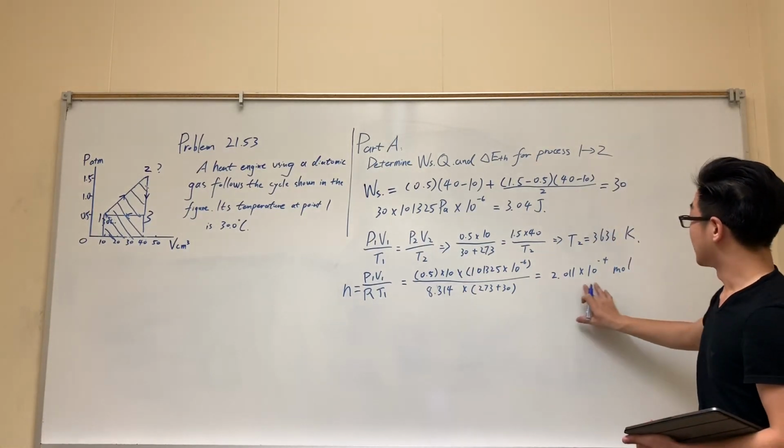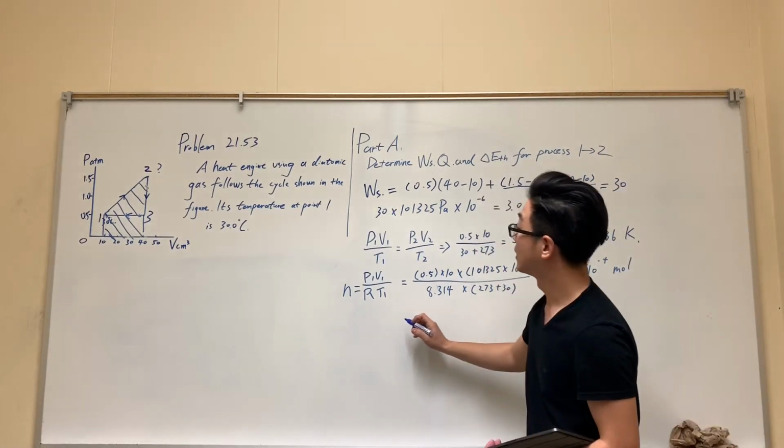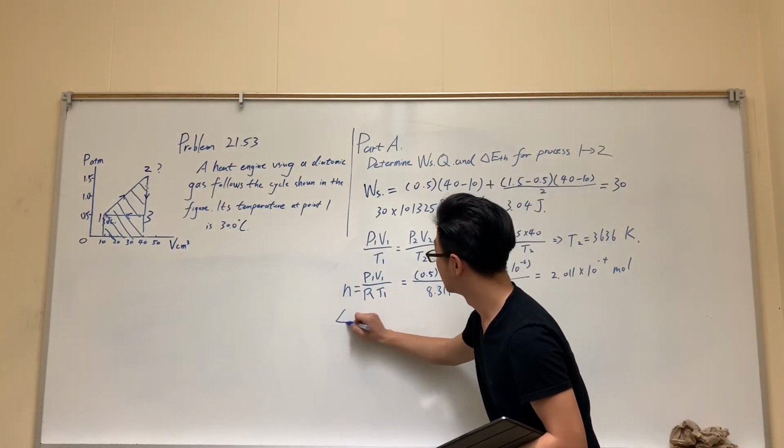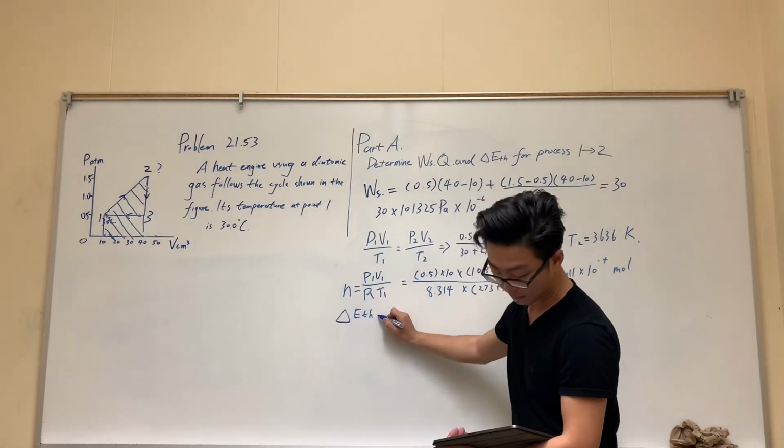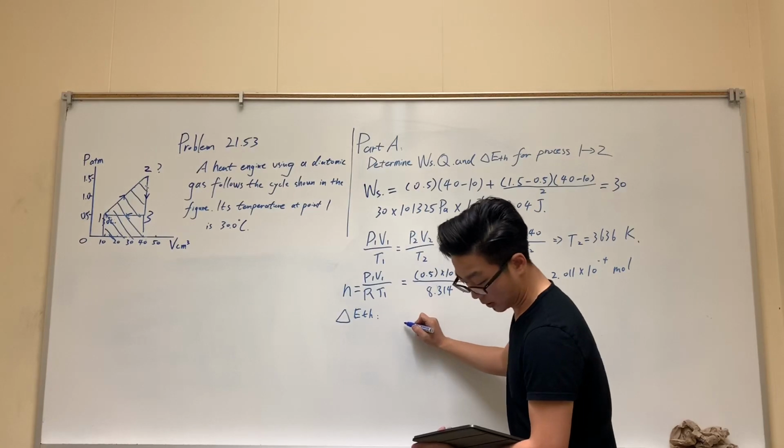Now we already know the n, so we need to calculate the delta E_th.